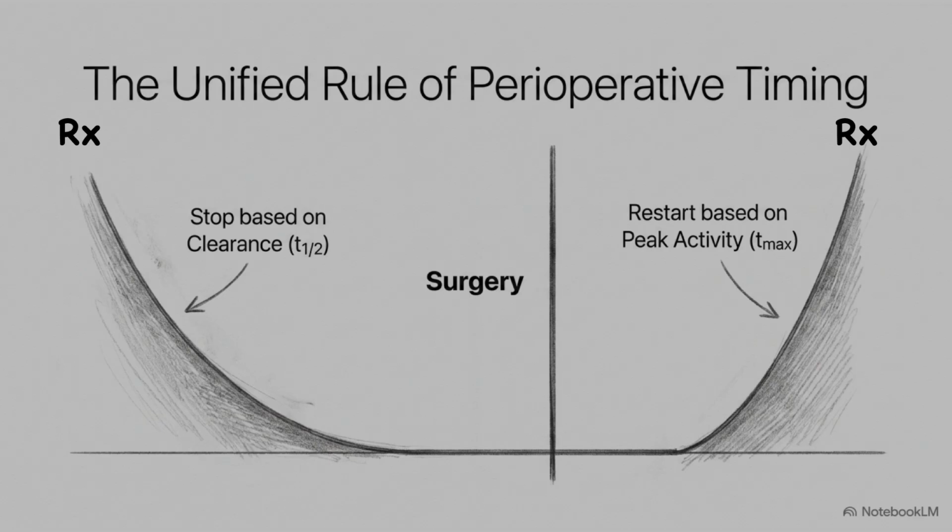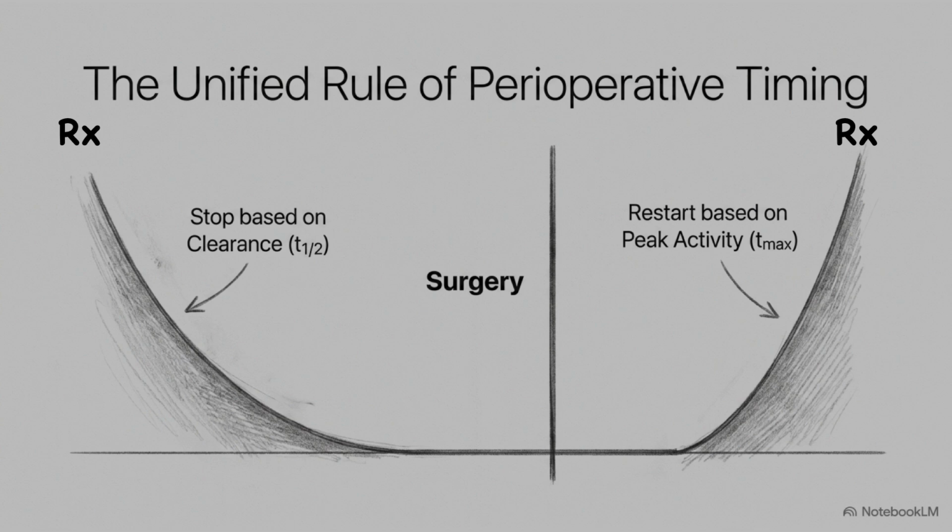So these are the two important concepts: half-life of clearance, the clearance mechanism of the drug, and peak activity. If you know these two, you can figure out how to plan a patient's procedure and make sure that the patient comes out without getting into trouble, either with bleeding or with a clotting episode.